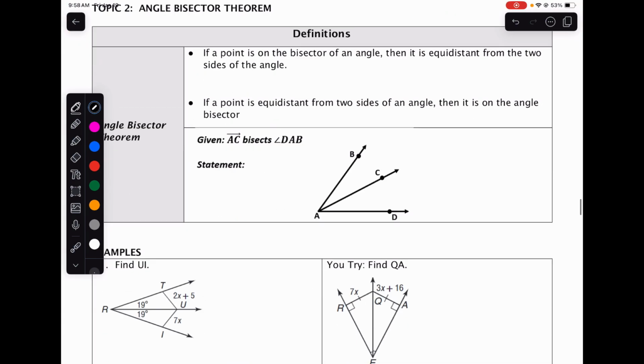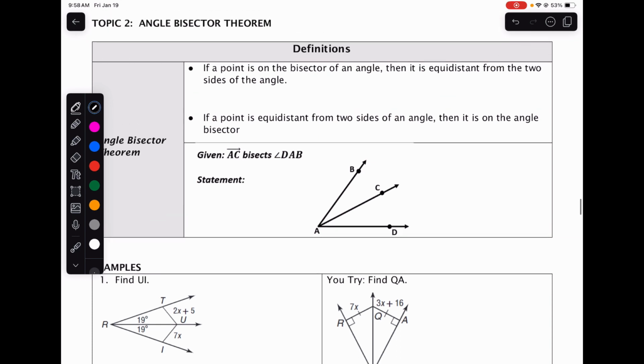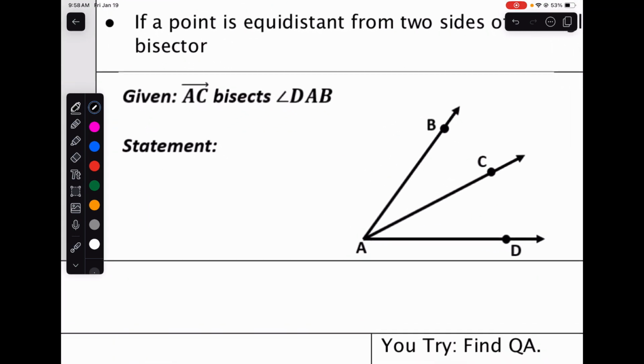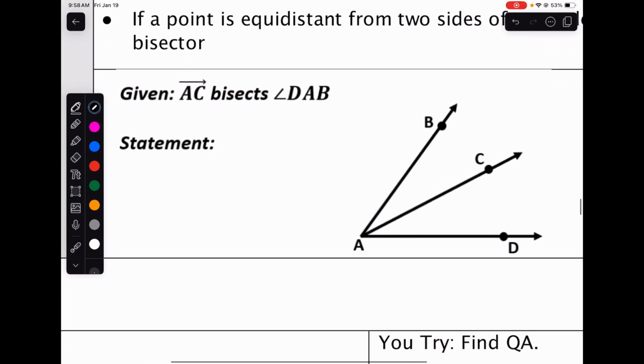All right, let's see. Next one, we have the angle bisector theorem. If a point is on the bisector of an angle, then it is equidistant from the two sides of the angle, okay? So what this means here is they told us that we have angle DAB, and they tell us that AC is an angle bisector.